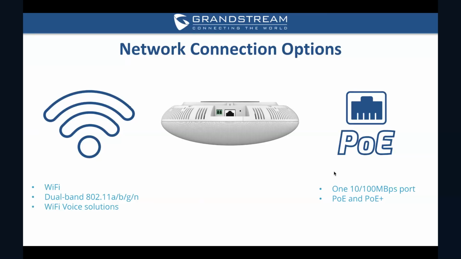Both the UCM series of IP PBXs to create that voice network, and the GWN series of Wi-Fi access points. We have a variety of Wi-Fi voice endpoints, whether it be our WP820 cordless Wi-Fi phone, or our Android video phones, which also support Wi-Fi, and you'll see some more Wi-Fi phones coming up from us soon. So this is another device that you can add to that Wi-Fi voice solution network.